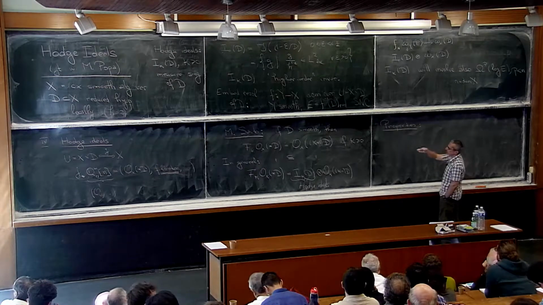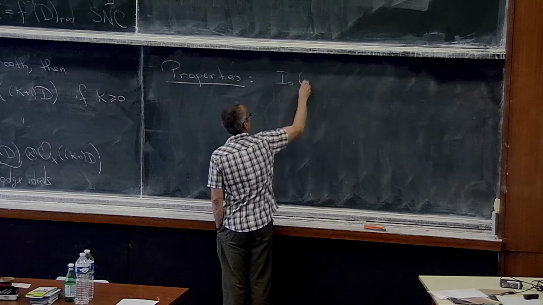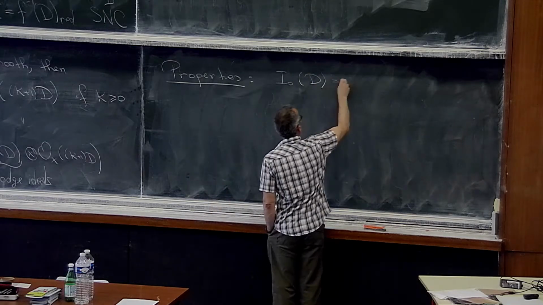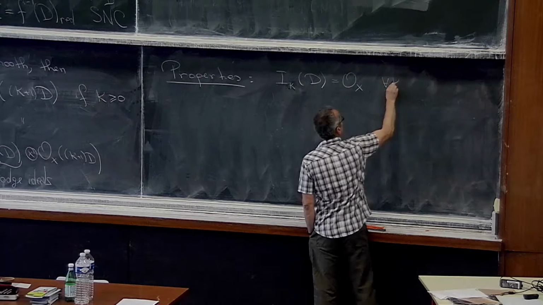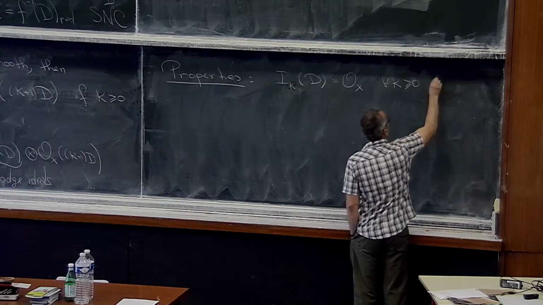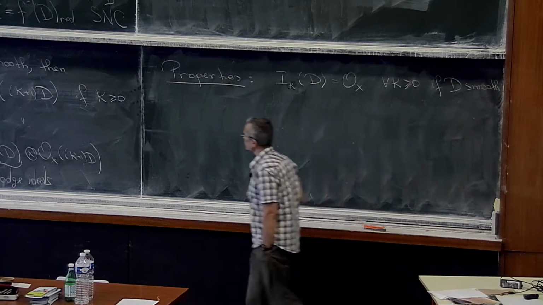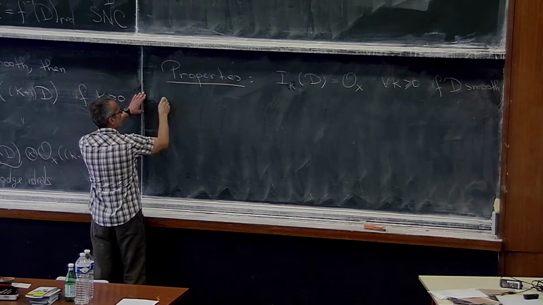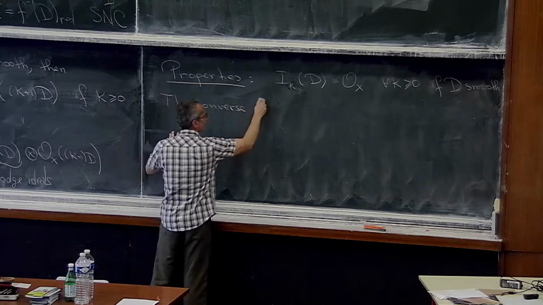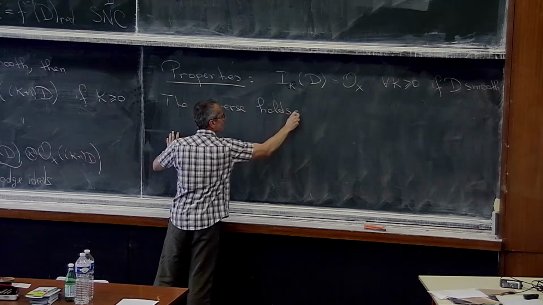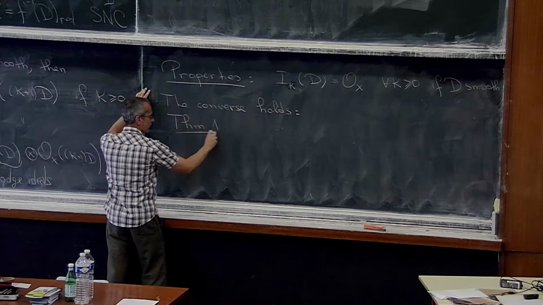All right, so first of all, as a formal consequence of the definition, we have that I_k(D) is O_X for all k if D is smooth. And the first theorem says that, in fact, the converse holds. And in fact, you can make it rather precise.